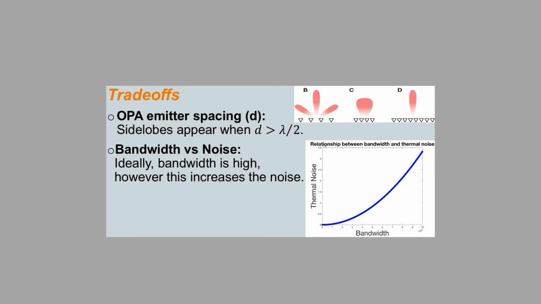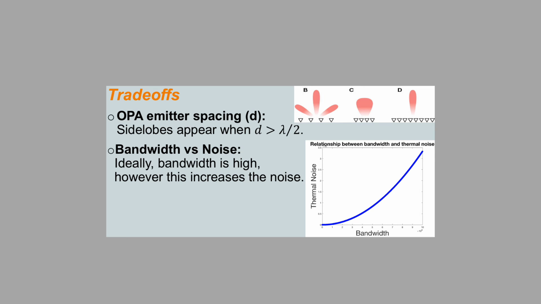So therefore, because of the side lobes, the signal would not give a very clear image. But then, if the emitter spacing is too small, the field of view will be very small. So we have to find a trade-off between these two in order to have a decently sized field of view, and also an efficient output signal.